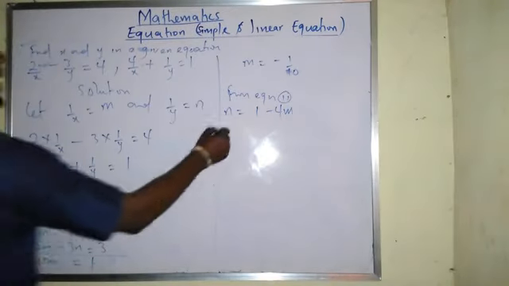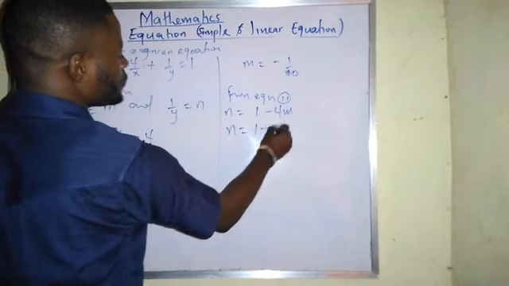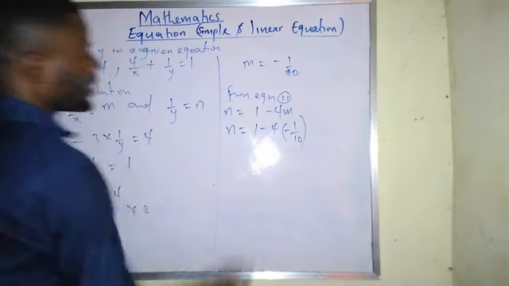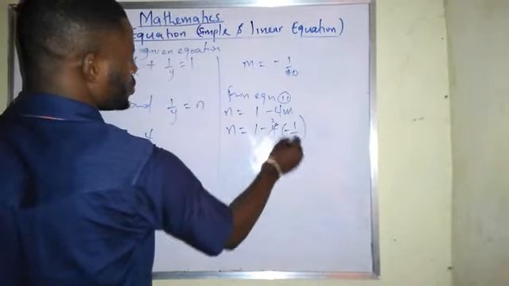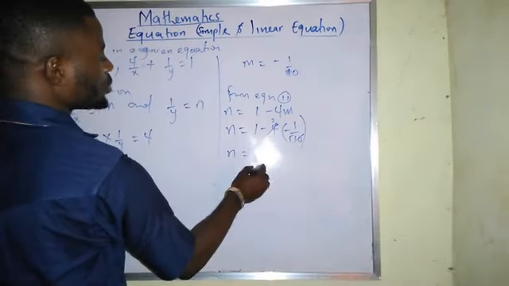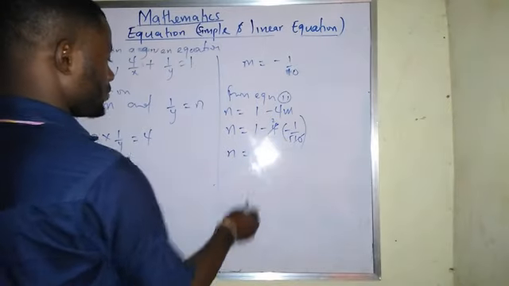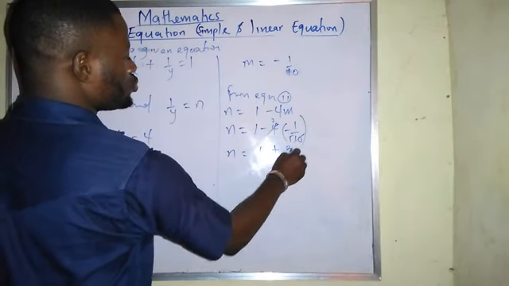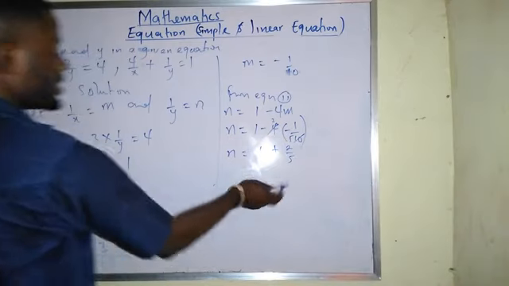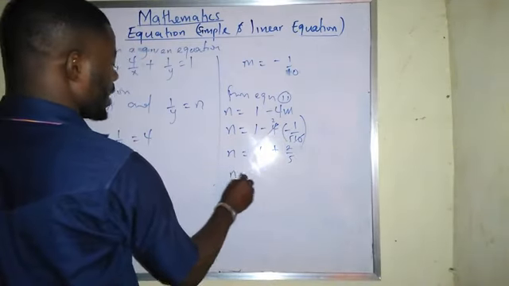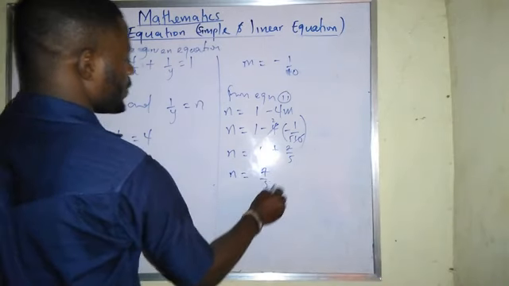It means my n will be equal to 1 minus 4 bracket of 1 all over 10, minus 2 here is going to be 2, 2 here is going to be 5. Now my n equals 1 plus 2 all over 5, which is 7 all over 5. n equals 7 all over 5.